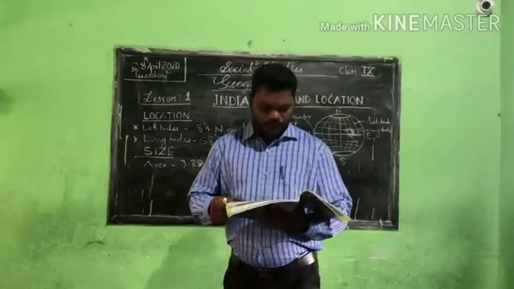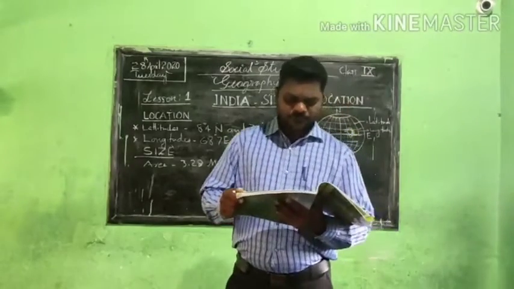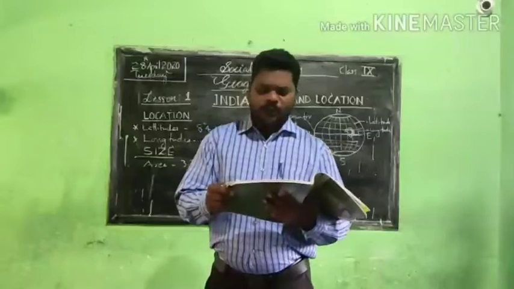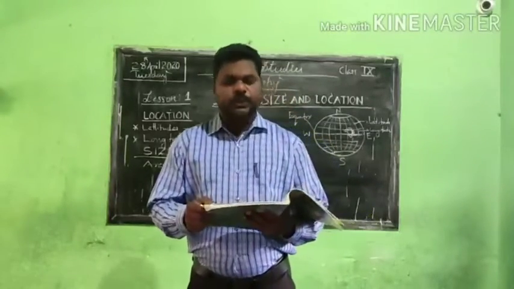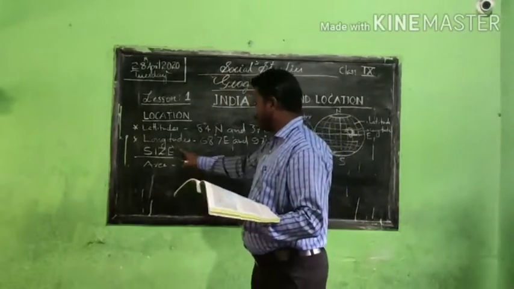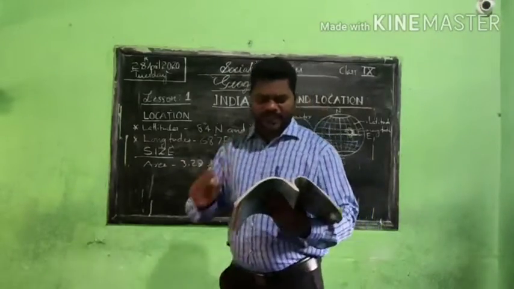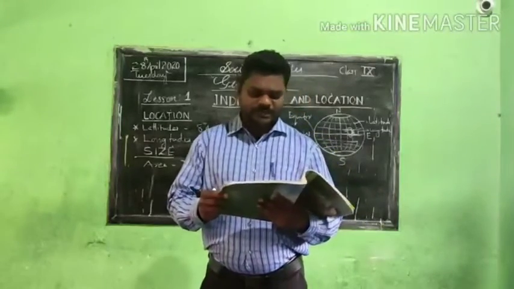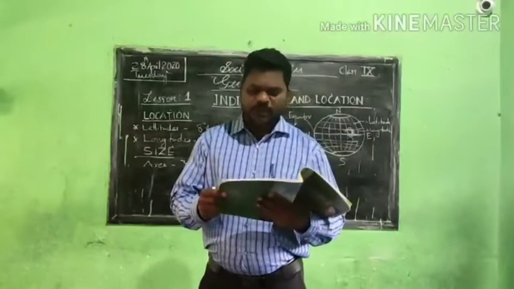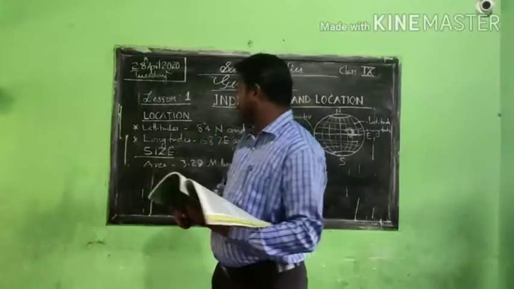Now we are going ahead. India has a land boundary of about 15,200 kilometers. We are learning about the size, and here it very clearly says that India's land boundary is about 15,200 kilometers.